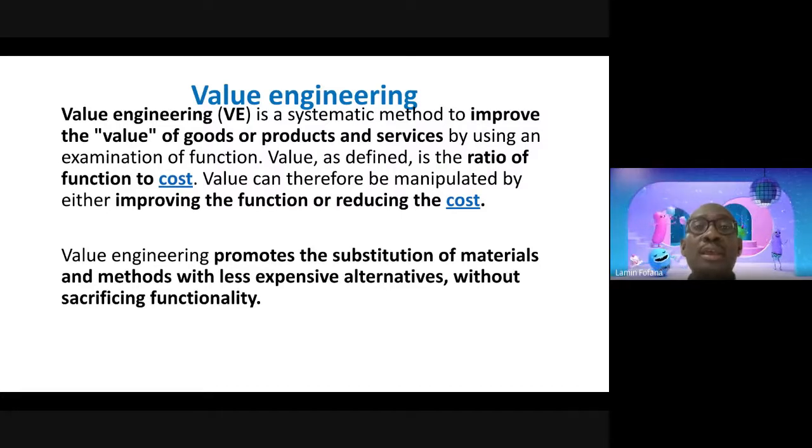So if you're going to do value engineering, you should ensure that the material, for example, if you're using, let's say, 10 kilograms of oil to produce 1 bar of soap, try to see if you can reduce that 10 kilograms to, say, 8 kilograms. But whatever you do, you must ensure that the quality of your product is not compromised.